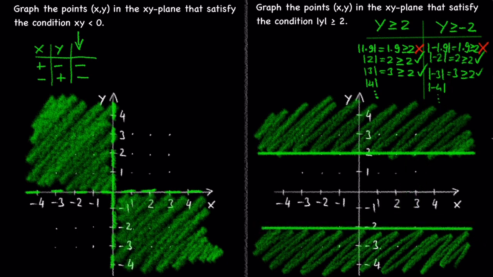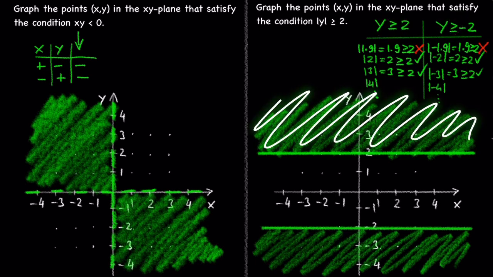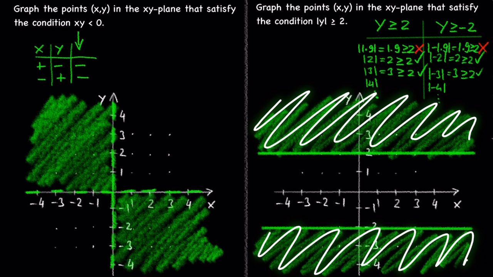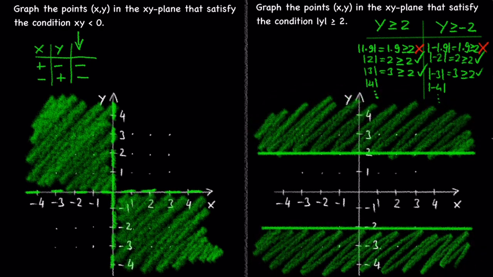The reason for that is that we have a greater than or equal to sign here, and not the strict inequality greater than. So these regions satisfy the condition the absolute value of y is greater than or equal to 2.